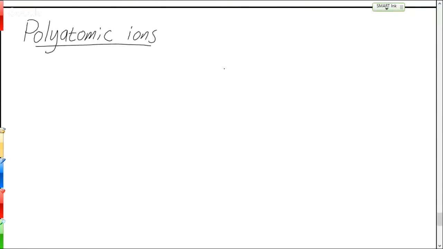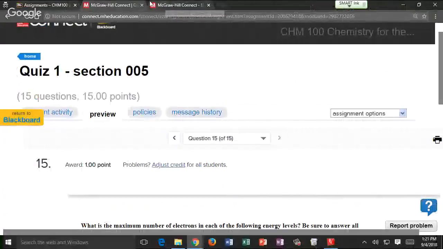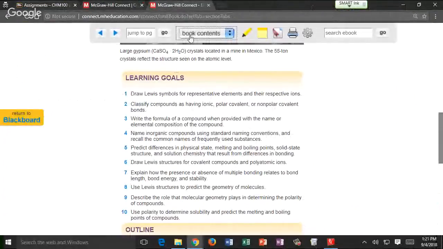You've probably heard of some of them because they have a lot of biological importance and are common in everyday life. But we're going to list the ones that you need to know.